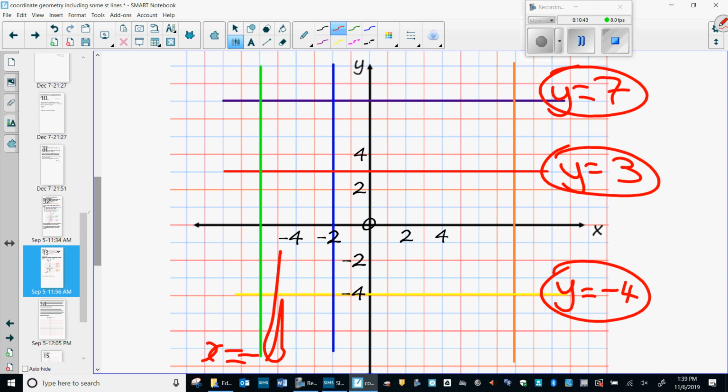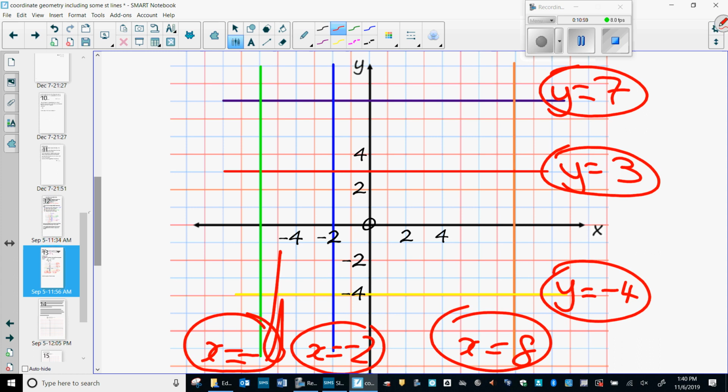X equals -2. And this orangey-red one here, Cheyenne? X equals 8. Okay, we all good with that?